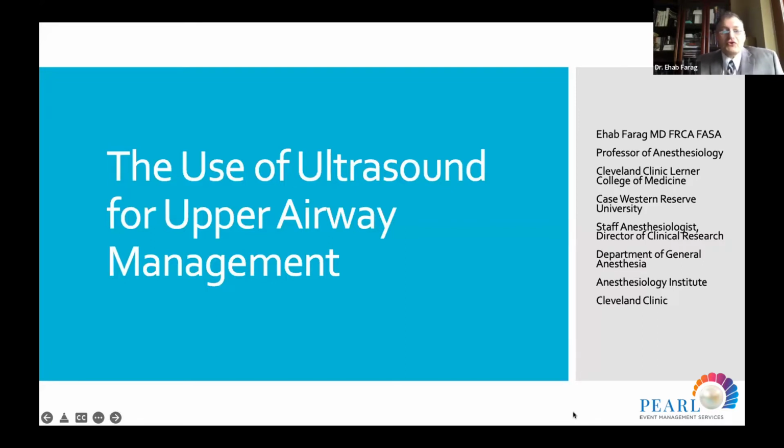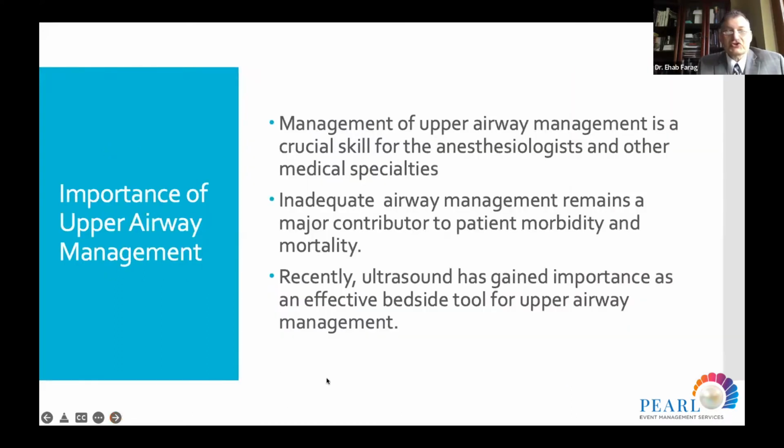So now we are talking about the use of ultrasound for upper airway management. The management of the upper airway is a crucial skill for the anesthesiologist and other medical specialties.